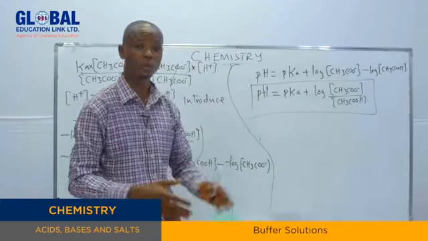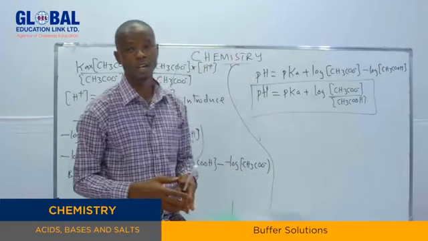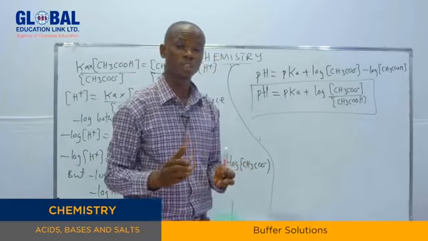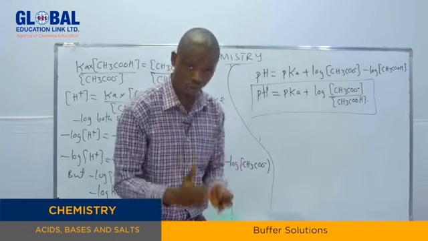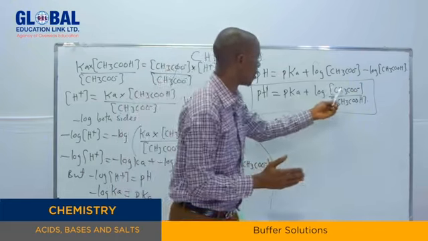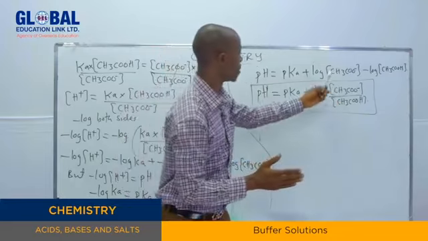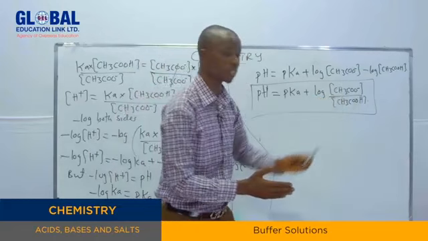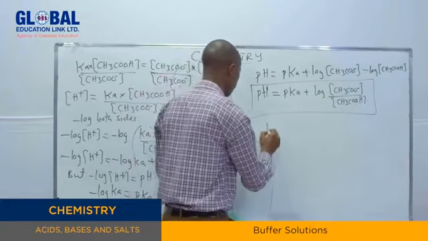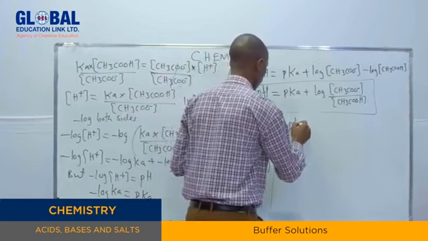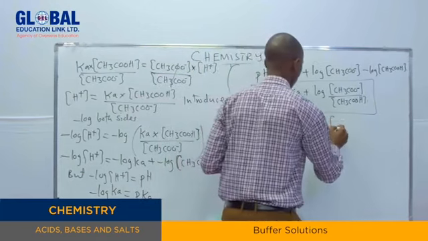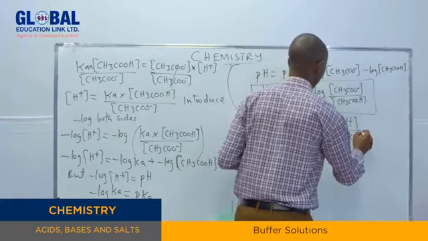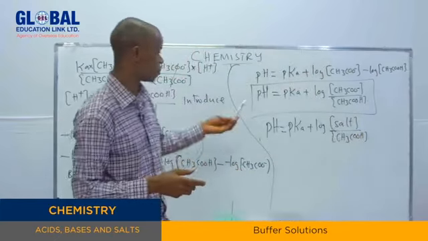So it is very important to use this equation when you are making calculations. Now, these acetate ions come from the strong salt and the weak acid, but because the strong salt produces many of them, we consider them as the concentration of the salt. So sometimes it can be written this way. That one is very simple for you.